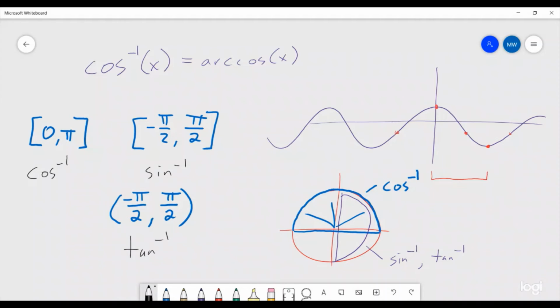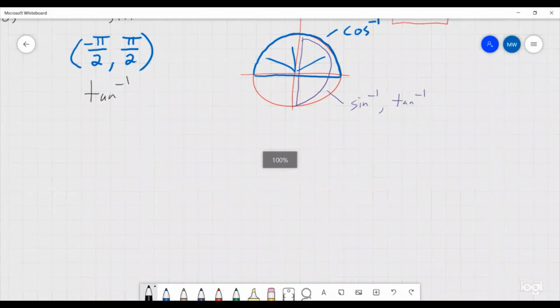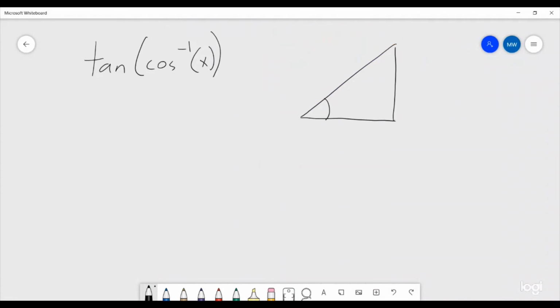So those are going to be where the outputs of inverse cosine, inverse sine, and inverse tangent will be. So let's go and do some problems involving these.